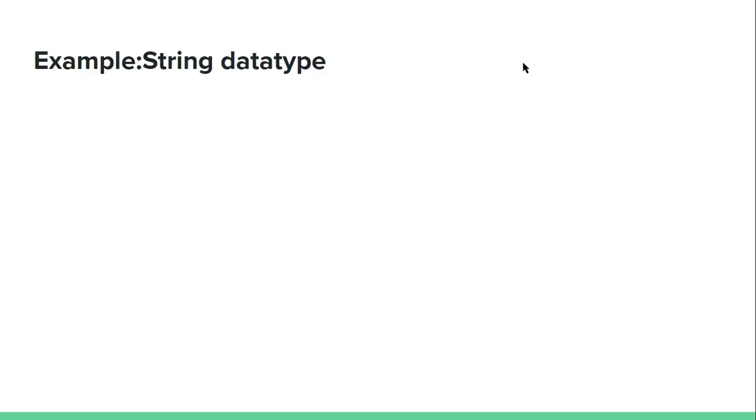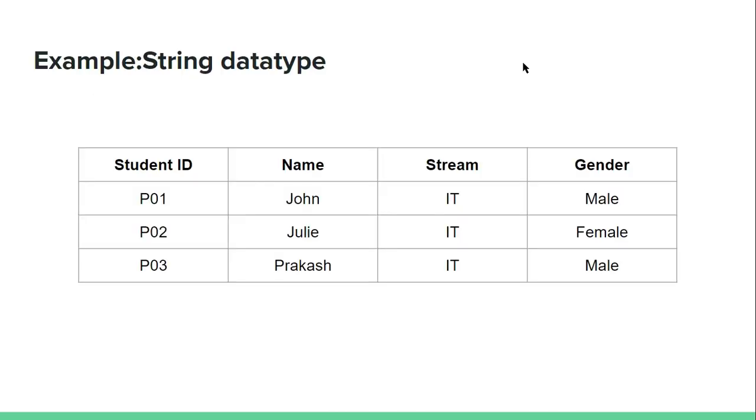Now let's see one example for a string data type. Here you can see a table with 4 columns: student ID, name, stream and gender. In student ID there are alphanumeric characters like P01. In name, stream and gender you have characters.